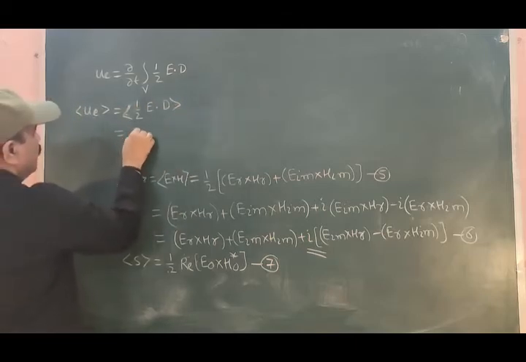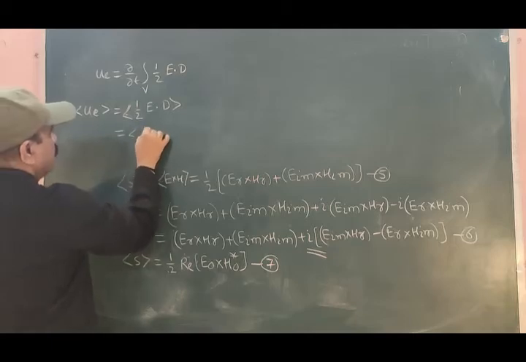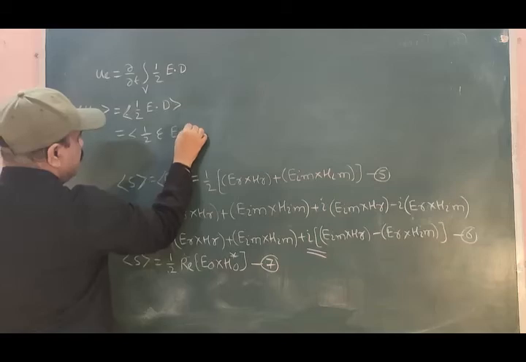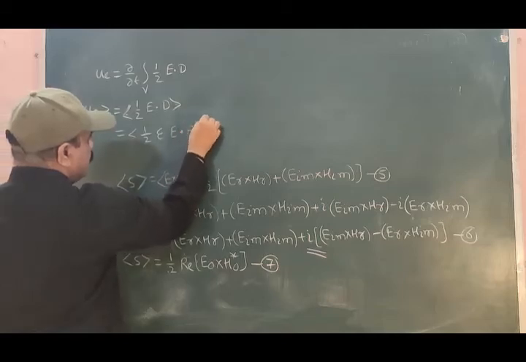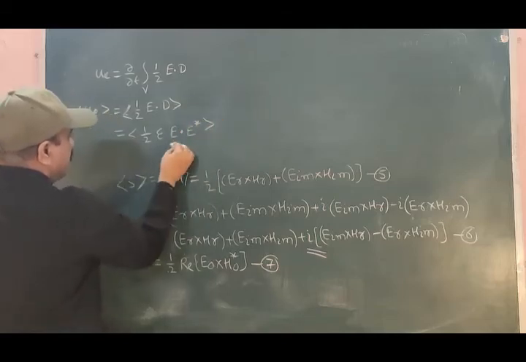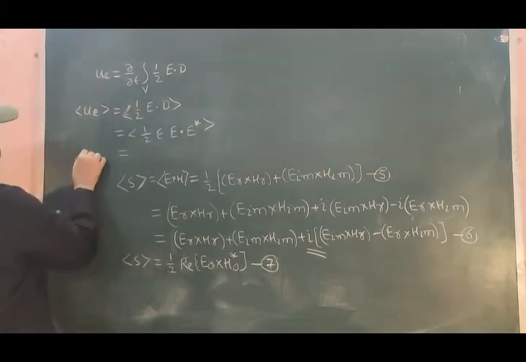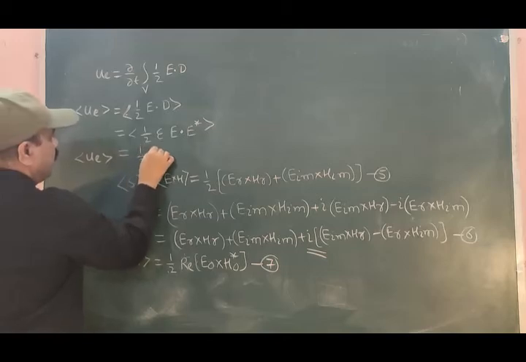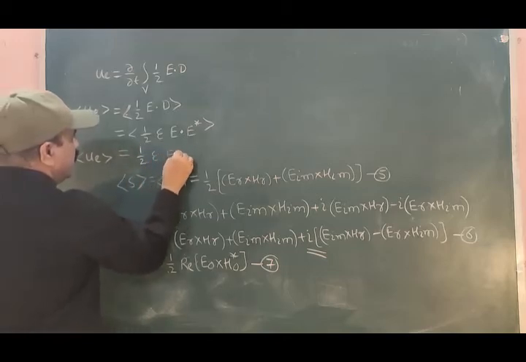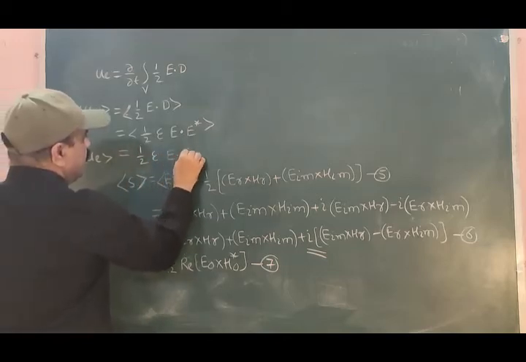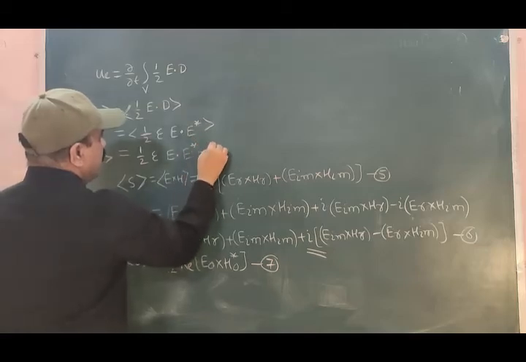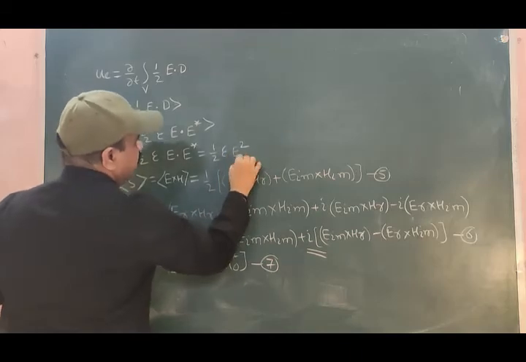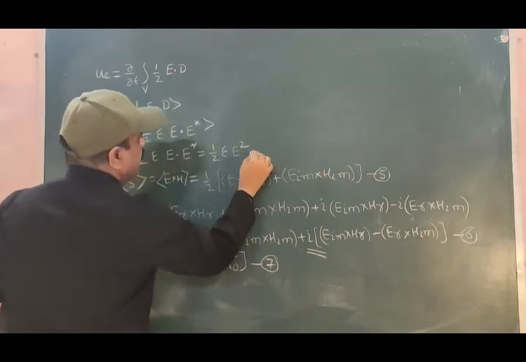This may be 1 by 2 epsilon into E dot E star, or simply 1 by 2 epsilon E square, equation number 8.